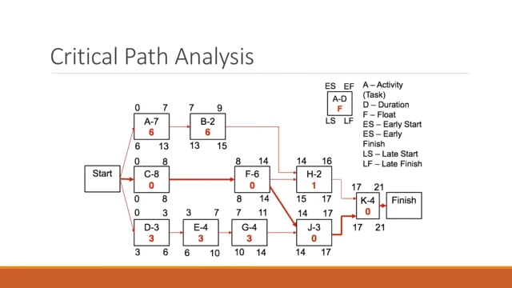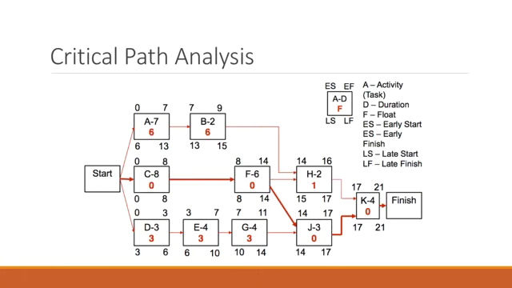So when we're talking about the critical path analysis, the way that we define a critical path is by identifying the path that takes the longest time to be completed.